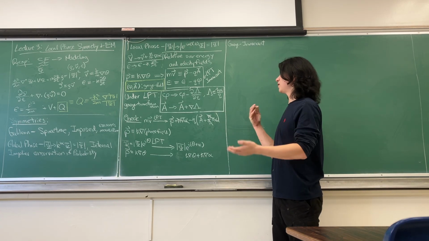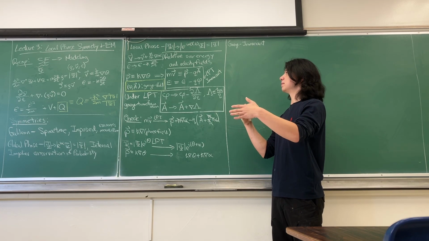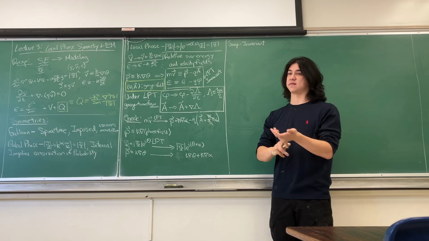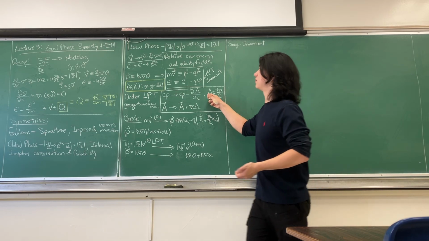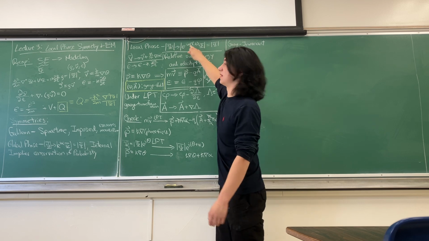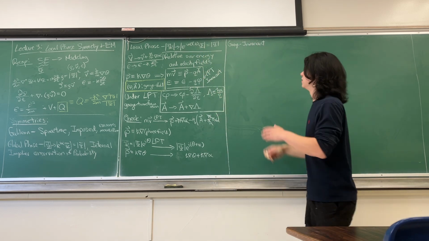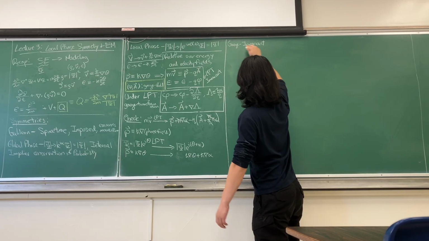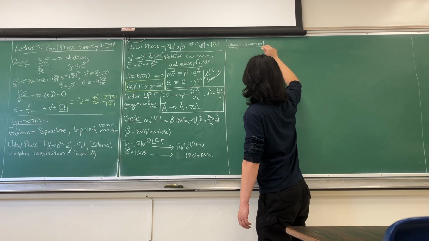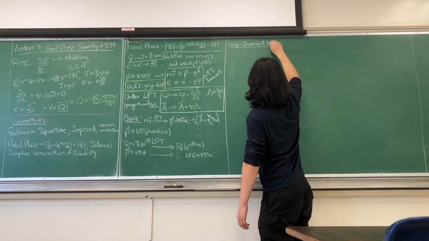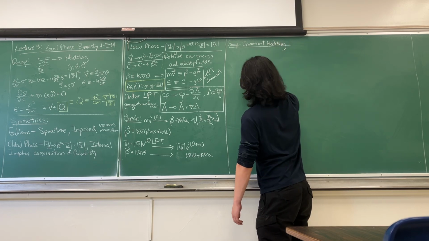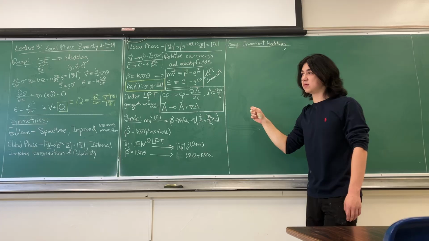In this language, a choice of local phase is the same thing as a choice of gauge, because this just defines what the phase transformation is. So they're the same thing. I could say local phase invariant, but I'll say gauge invariant because that's more standard language. Gauge invariant Madelung.